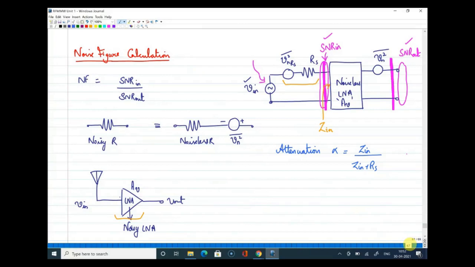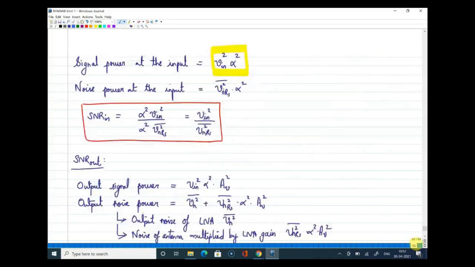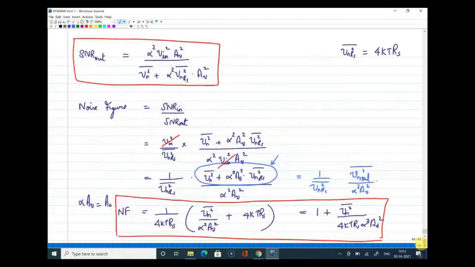Then we defined the attenuation factor the signal at the input undergoes, and continued by writing the signal to noise ratio at the input and at the output by defining signal power and noise power at both. Finally, we obtained the expression and wrote it in different forms. So that's all about how to calculate noise figure.